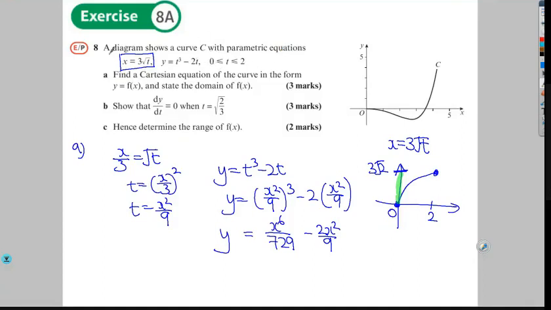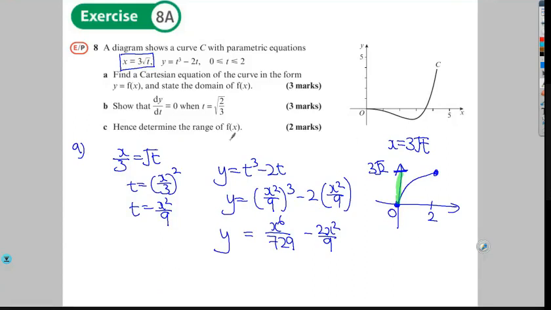You can just highlight this part. This is the range of possible values of x, and all I need to do to finish this off is to substitute t into it, which will give me 3 root 2.